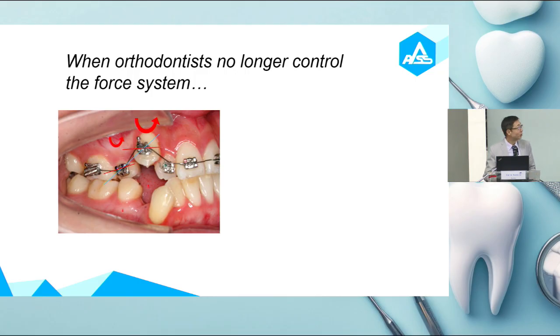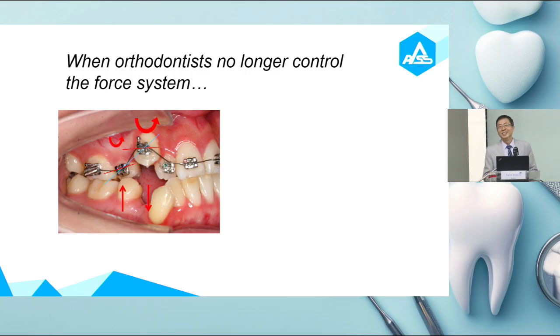Then a pair of vertical forces is needed to create an opposite direction moment. This will extrude the canine. That's what we want. But how about this one? This will intrude the bicuspid, right? That's not what we want.